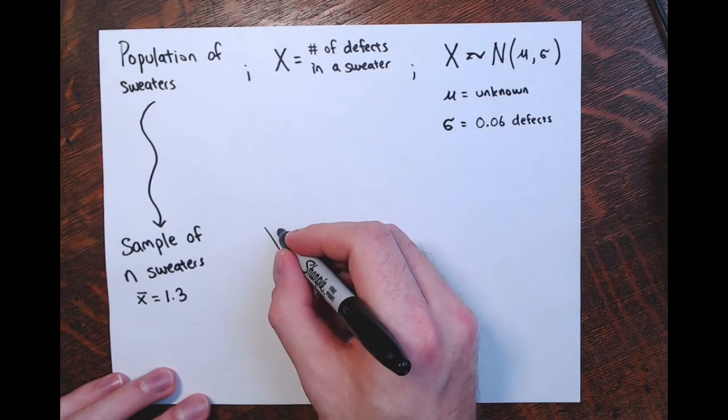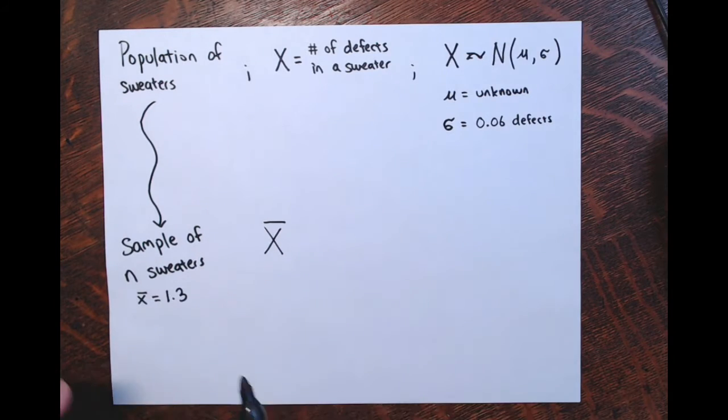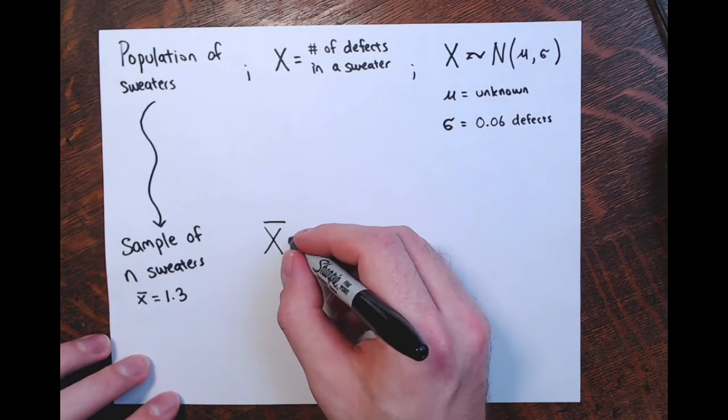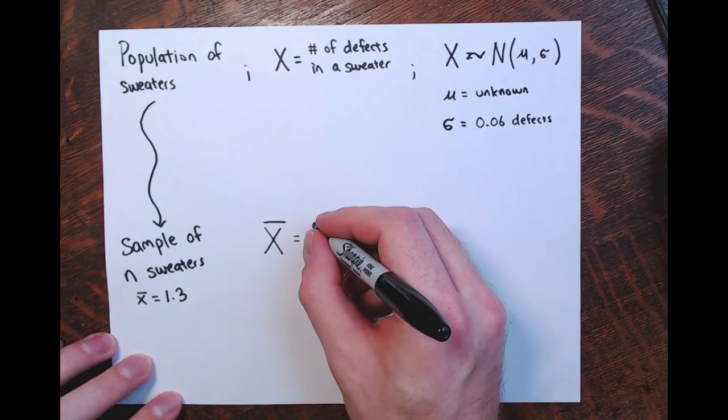So the variable, again, imagine you could take all possible samples of size n and look at the average number of defects in all possible groupings of n sweaters. That's what this variable x bar will represent.